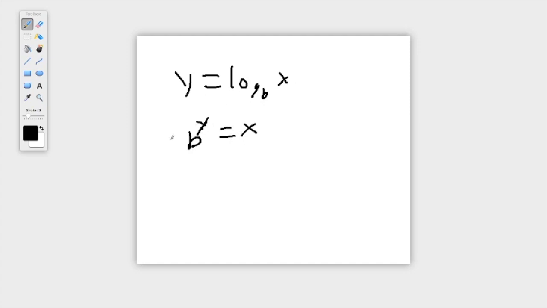So then we can just take the ln on both sides. You're starting to see a pattern. So bring the exponent down to the coefficient. So y ln b equals ln x. And then take the derivative with respect to x.